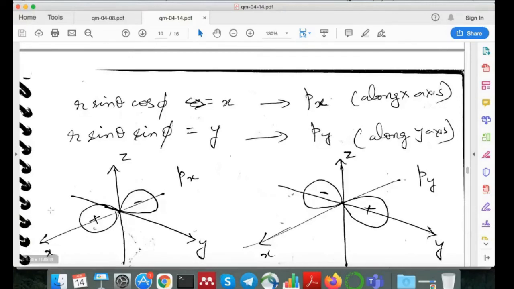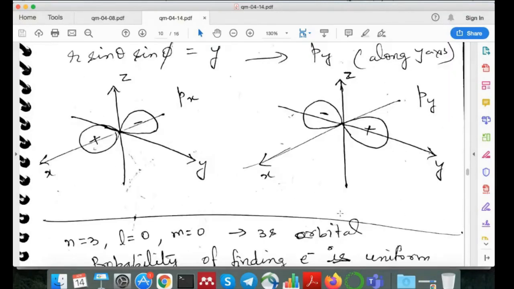So here we are always plotting the probability density. These lobes represent the electron cloud, meaning there is a finite chance of the electron being in that position. That's what it represents. Any questions up to this point? All right.